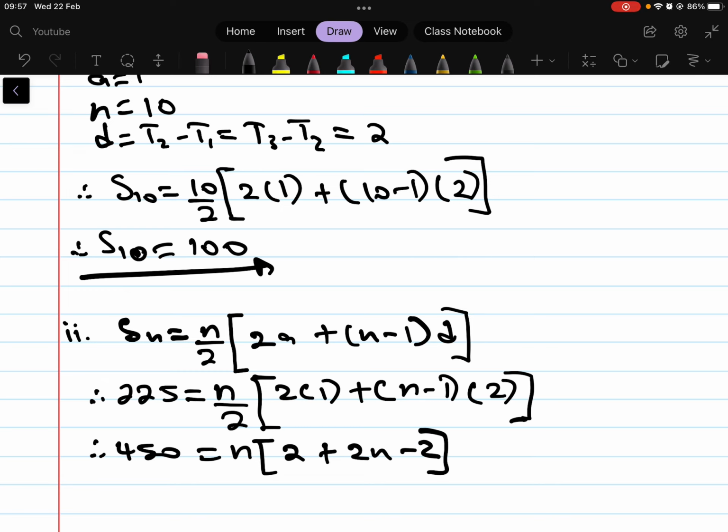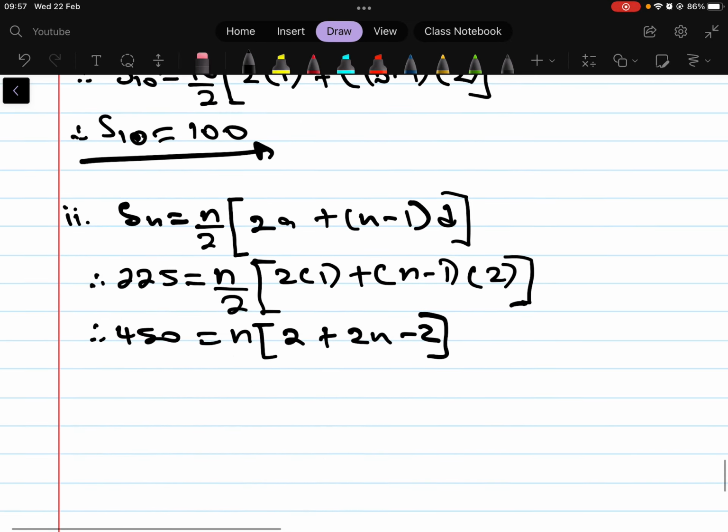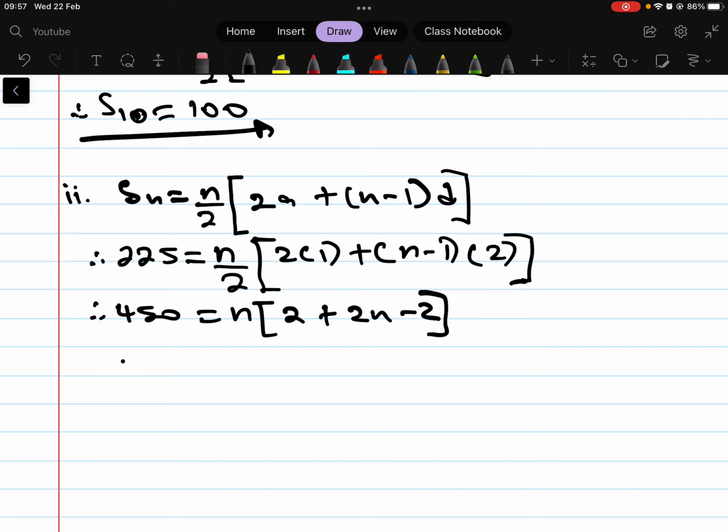There you are. Now you just need to continue simplifying. There's nothing really hectic about this. 2 minus 2 is 0. Then n times 2n gives you 2n squared. Therefore, now you just need to divide by 2 on both sides again, and then you realize that n squared equals 450 divided by 2.